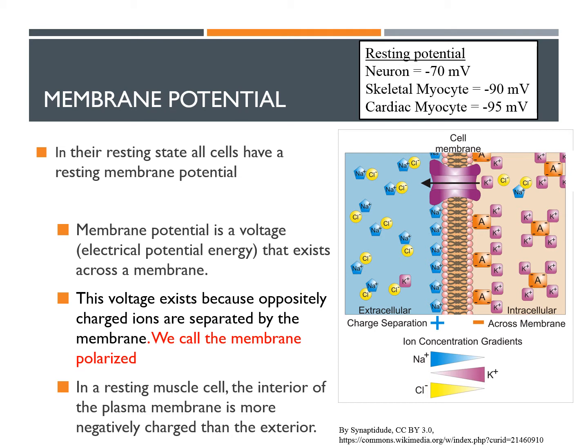Remember, we also have the proteins that are only on one side of the membrane that exert a negative charge as well. So all of this means that charges on both sides of the membrane are going to be different. We say that the membrane is polarized because of this. And this polarization is a form of electrical potential energy. It's measured in millivolts.